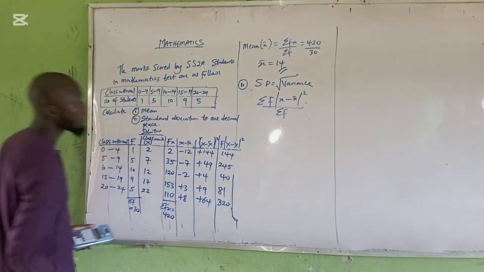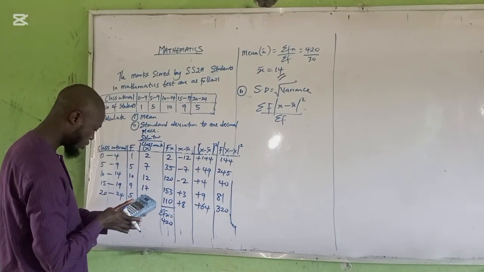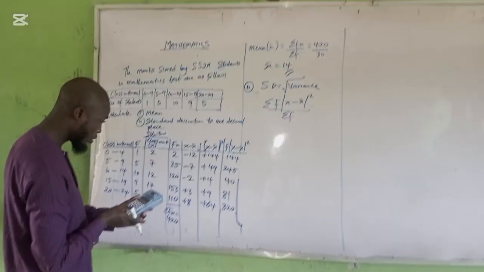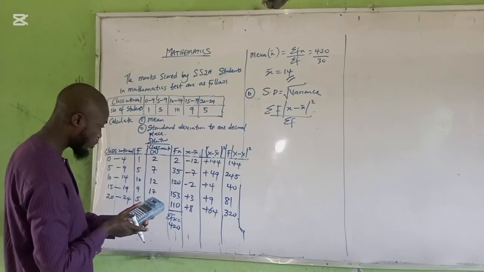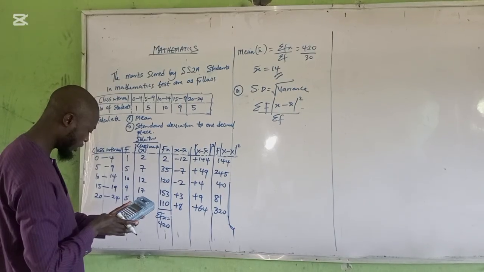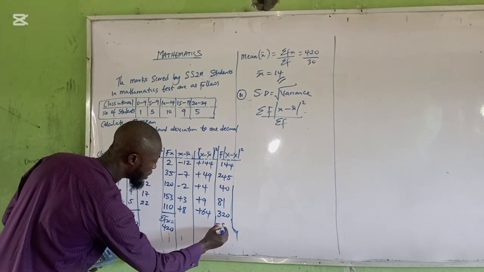Then I need to get our variance. So we have 144 plus 245 plus 40 plus 81 plus 320, which gives us 830.